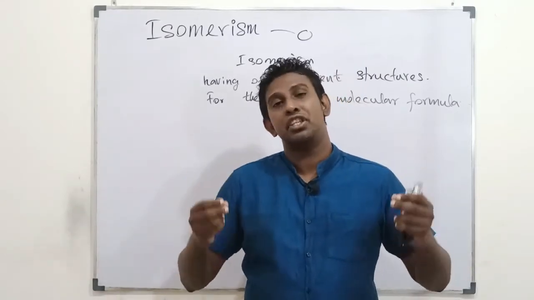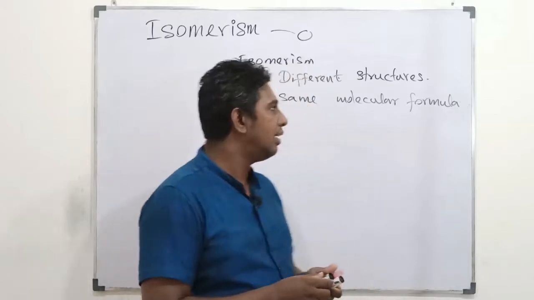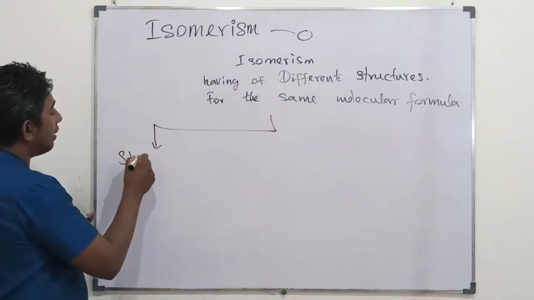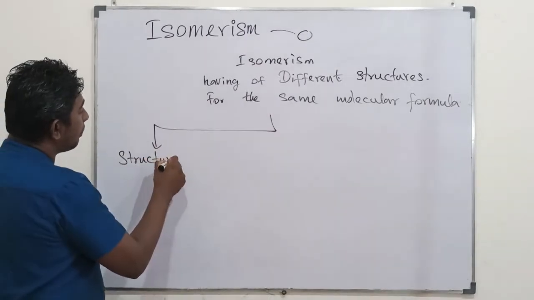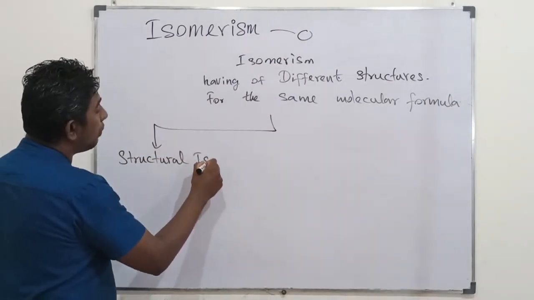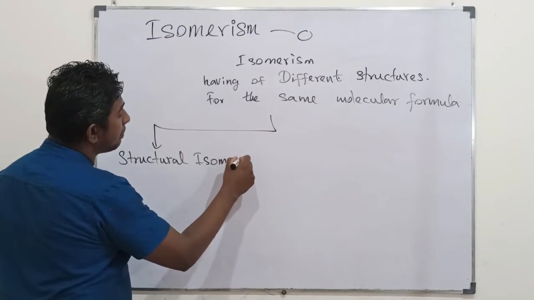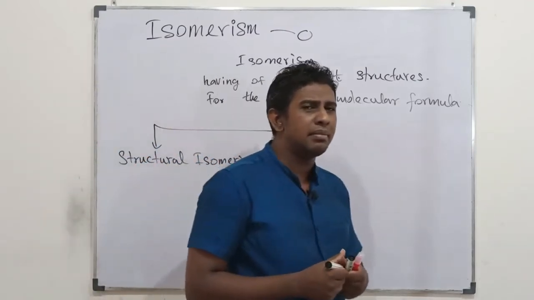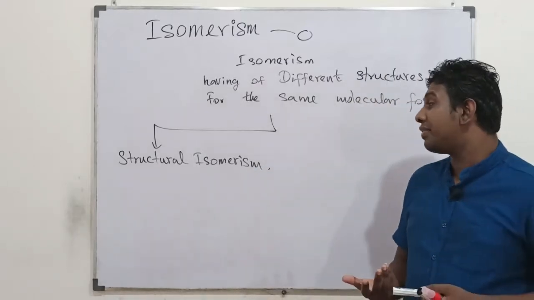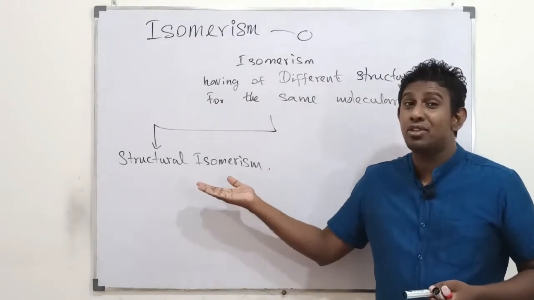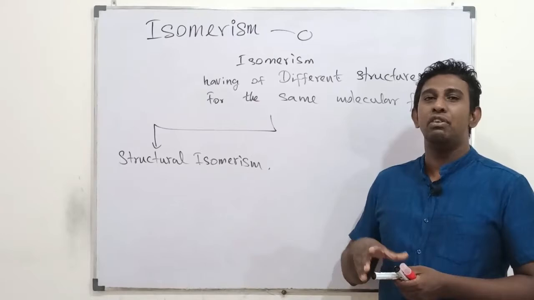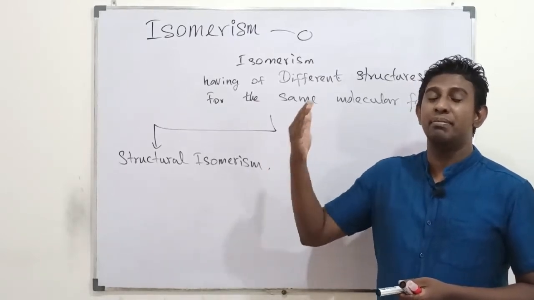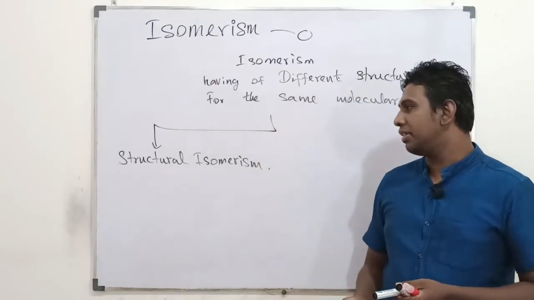Therefore, for the same molecular formula, if you get isomers having different structural formulae, we call that a subcategory of isomerism, structural isomerism. We also identify the same term in another word, constitutional isomerism. They have different structural formulae, therefore it's obvious they are different compounds with different structures.